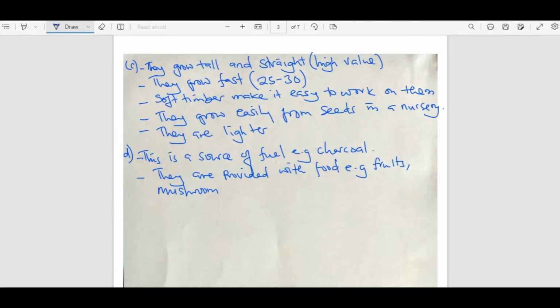And then apart from that, even vegetables. So vegetables are gotten from these indigenous forests. And apart from that, others get traditional medicine from these forests.